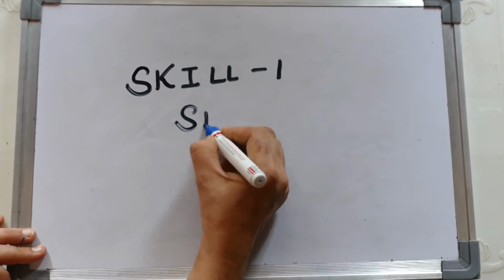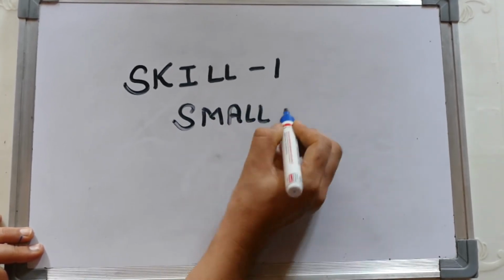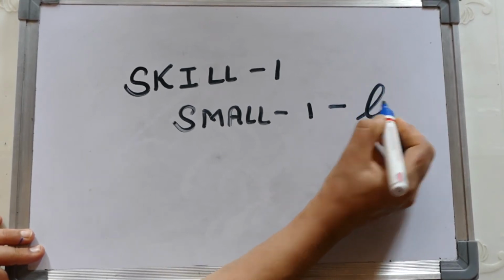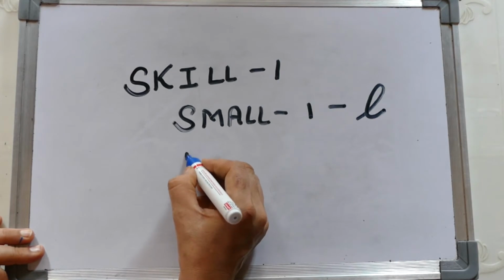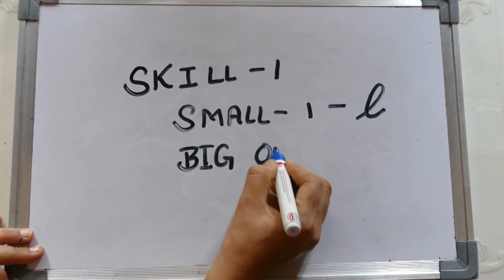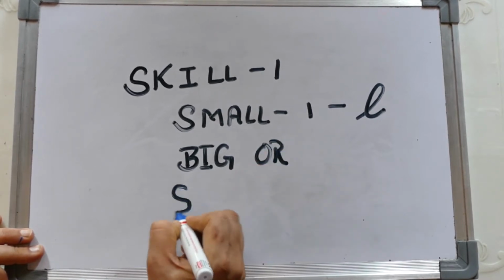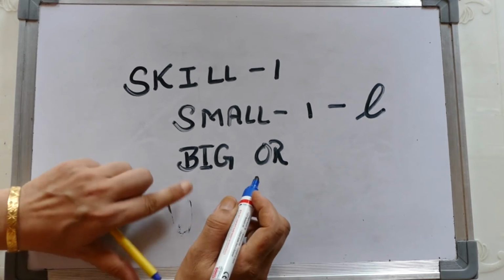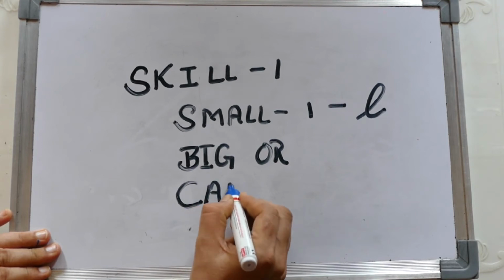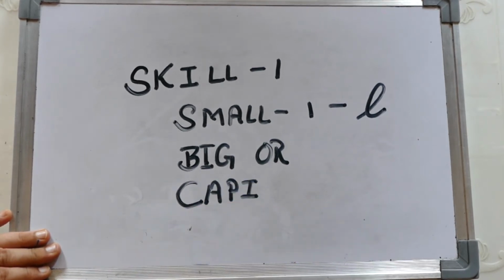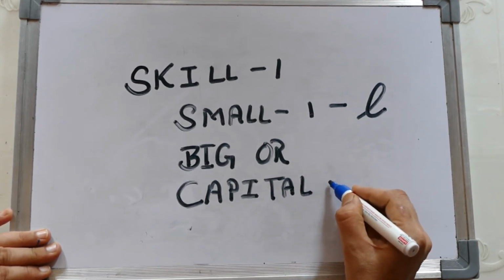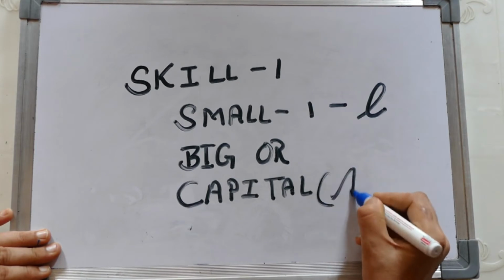If small one is there, that is called L. If big or capital, I can say capital, instead of separate, I want to write capital, so that you also know capital means alone, alone, alone.